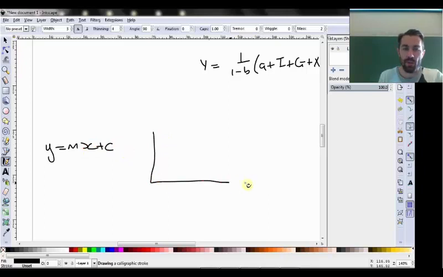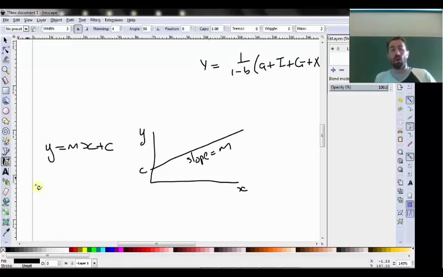If I were to draw this, I would have y, I would have x, I would have little c, and the slope, I'll just write here, slope equals m. Are you happy with that setup?